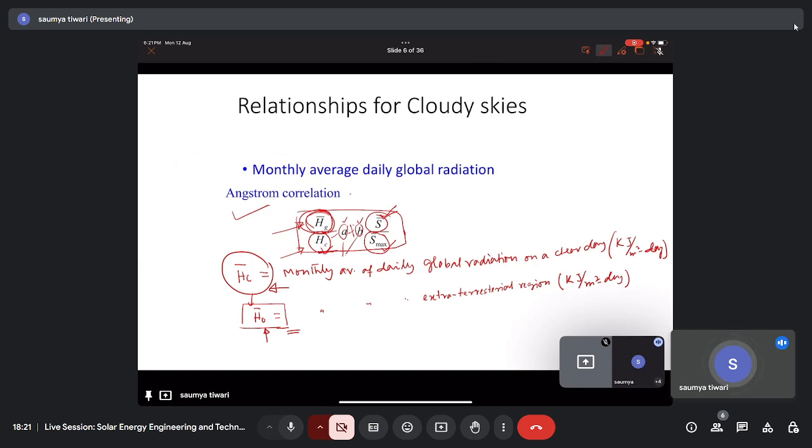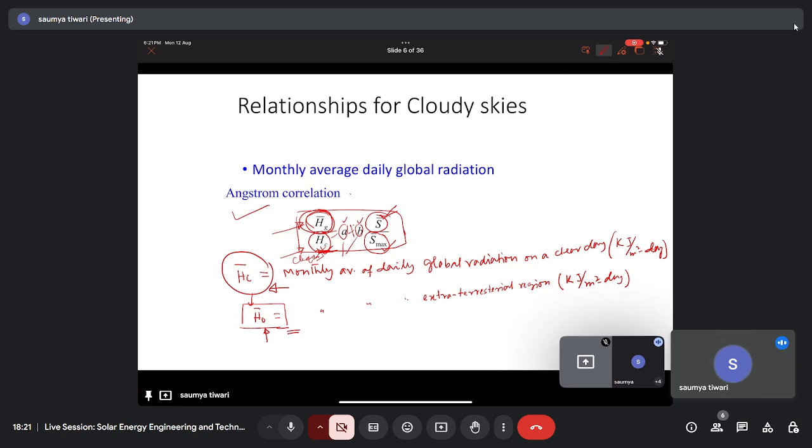On a clear day it will be the same as the extraterrestrial radiation, because we are talking about the cloudy days. We are assuming that whatever radiation is coming, the whole part of it is coming onto the observer. So this Hc bar, where c is for the clear day notation, and the rest I have explained.